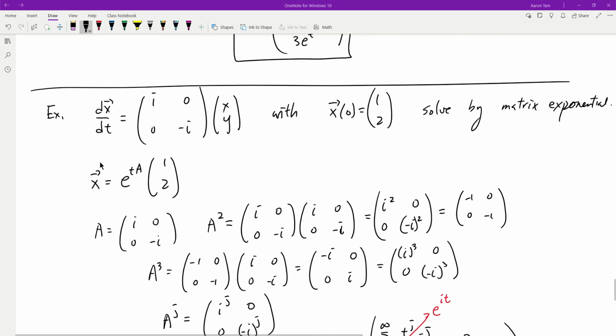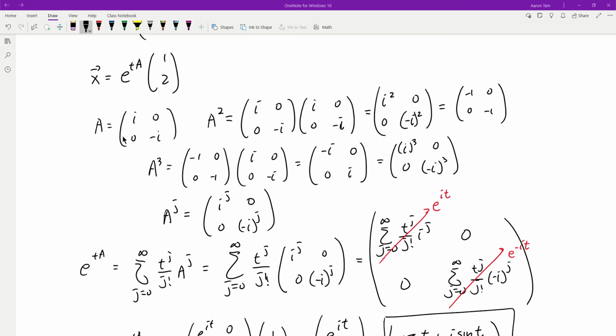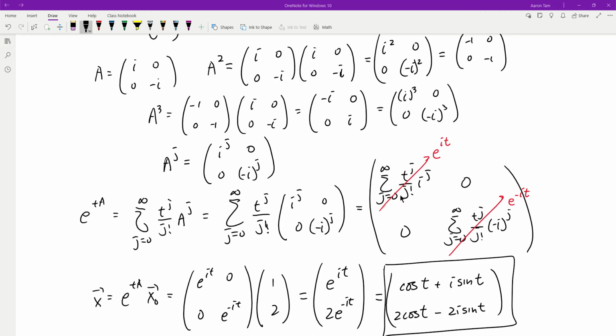I don't know about you, but going through this process to find a pattern for A to the j, then forming the summation and showing what the summation converges to doesn't seem too easy. Most of these examples that we've done are simply designed to work out perfectly, but just finding the pattern of A to the j could be hard to do, technically depending on how big the matrix is.